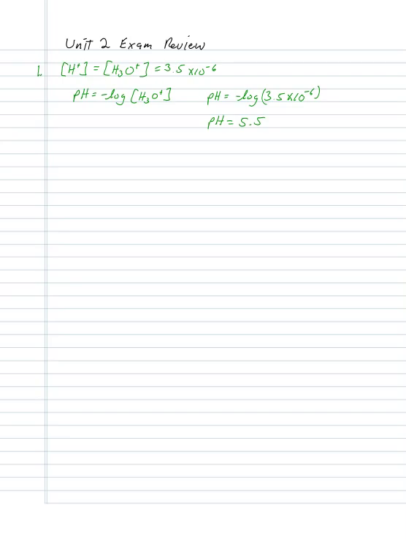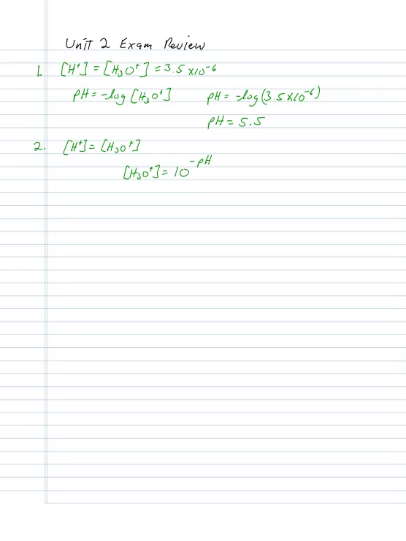Yes? Okay, so number 2 goes back the other direction. Here we're looking for the H plus concentration in a solution where we know the pH. Same thing as before, the concentration of H plus is going to be the same as the concentration of H3O plus. So we know the concentration of H3O plus is equal to 10 to the minus pH.